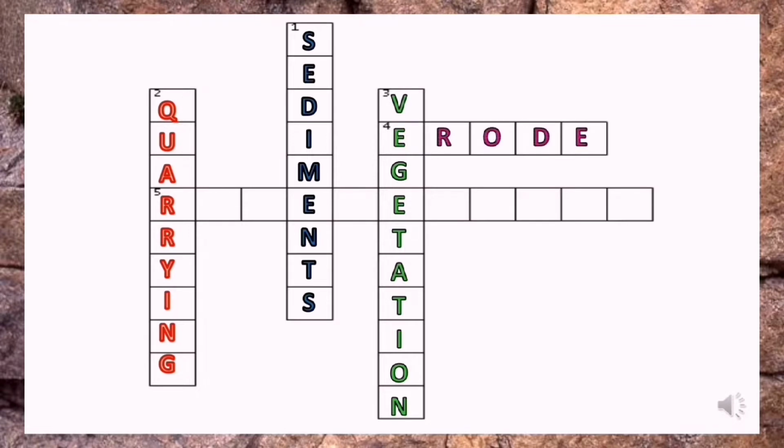Erode. Number 5: to bring back to a former condition, to renew or restore something, especially after it has been damaged or lost. Regenerated.